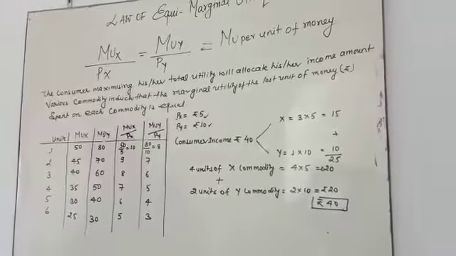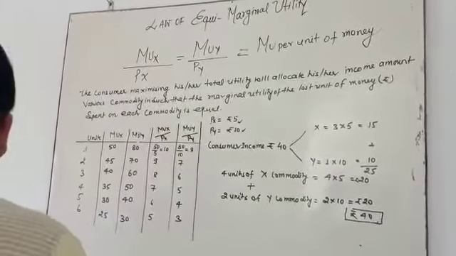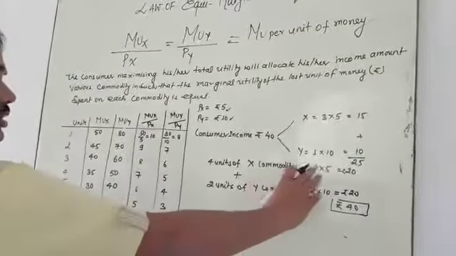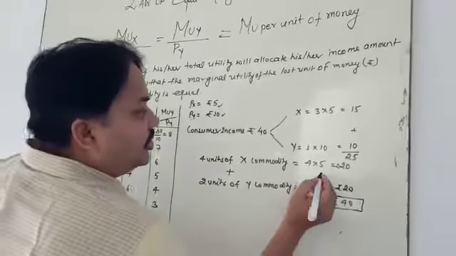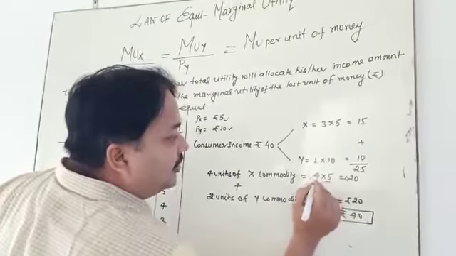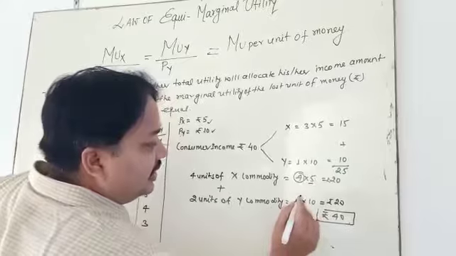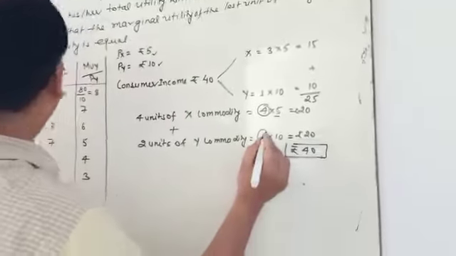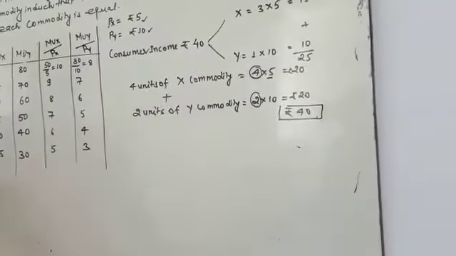So in this situation, the consumer is going to spend all the money. What quantity is going to be purchased? 4 units of X and 2 units of Y commodity.